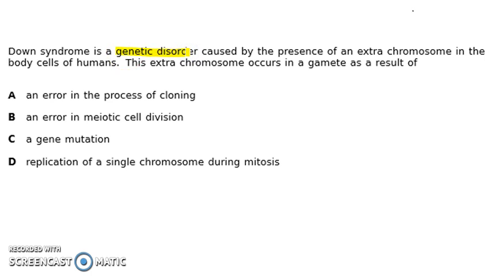It's caused by the presence of an extra chromosome, and we're going to see it occur in a gamete cell for some reason. So let's brainstorm. Whenever we see Down syndrome, or whenever we see an extra chromosome or one fewer chromosome, remember that's called non-disjunction.